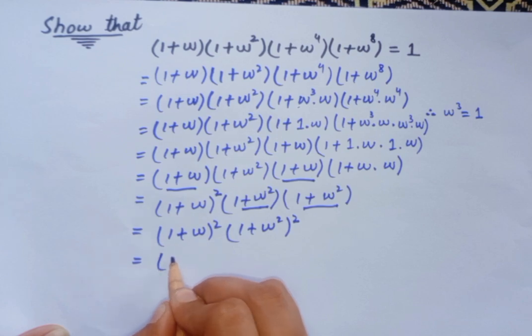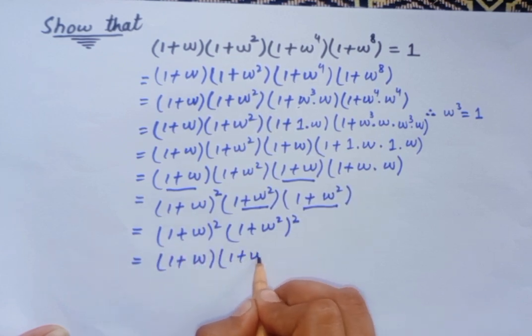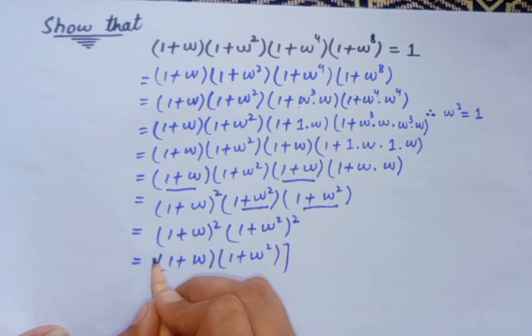We can write (1 + ω²) into (1 + ω²) whole square.